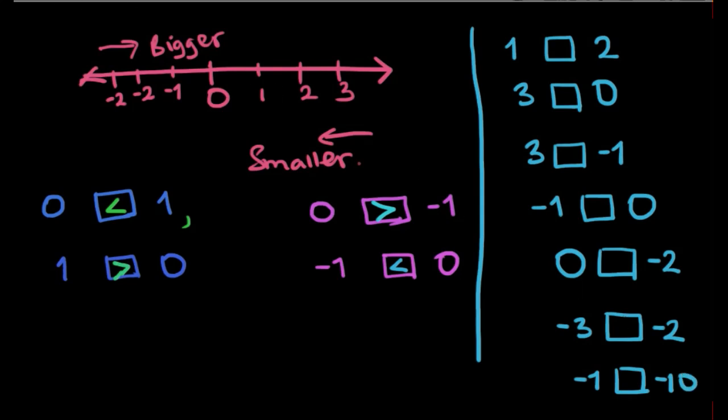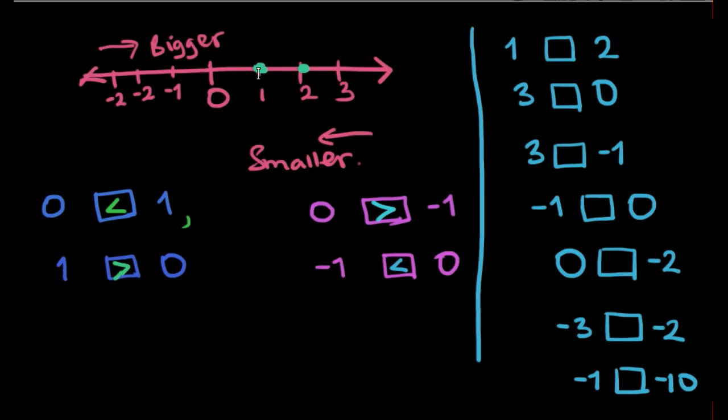Let's try to see what this implies. When you look at a number line, as you go to the left, numbers continue to become smaller, and as you go to the right, numbers become bigger.